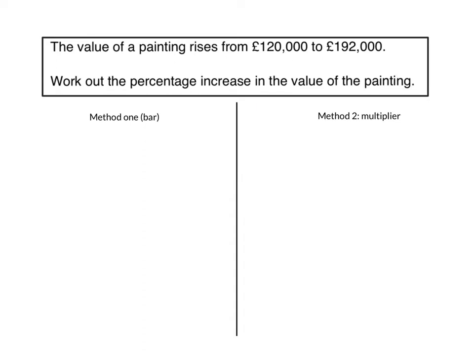The value of a painting rises from 120,000 to 192,000. Work out the percentage increase in the value of the painting. So if I'm going to use a bar, so this was our original amount, and that was 120,000. And then we added on a specific amount, which I'll figure out in a second.